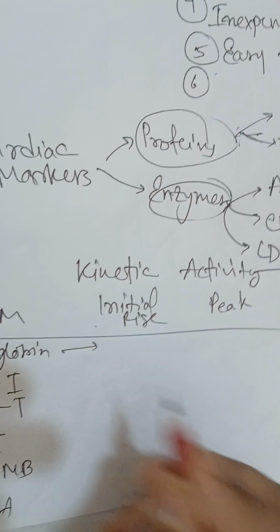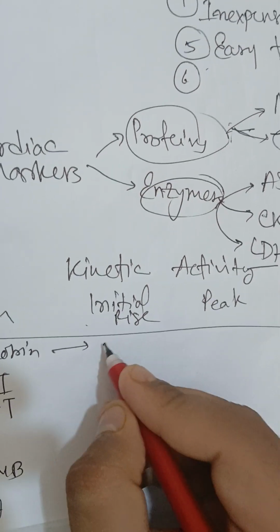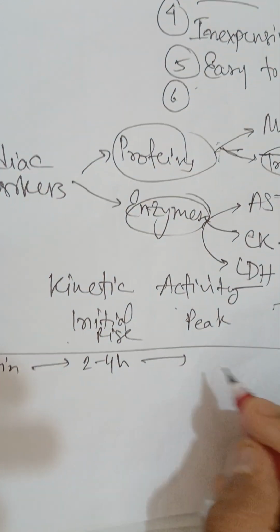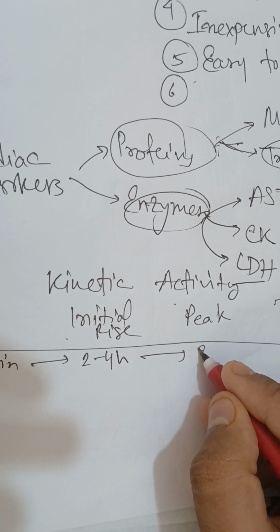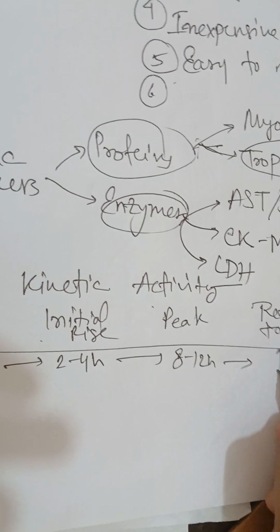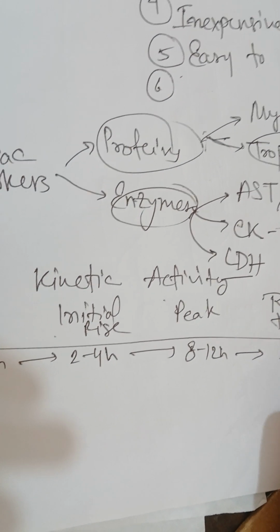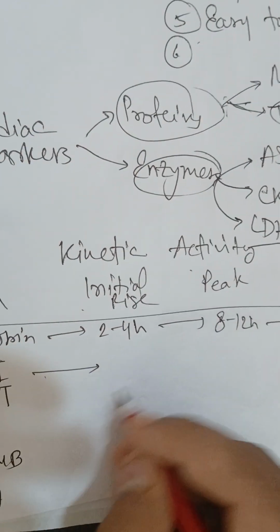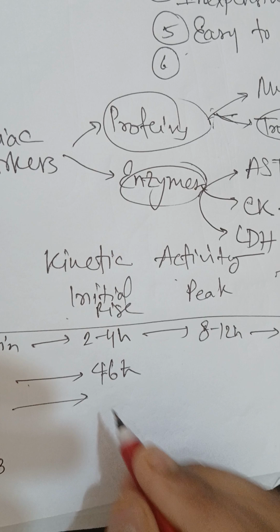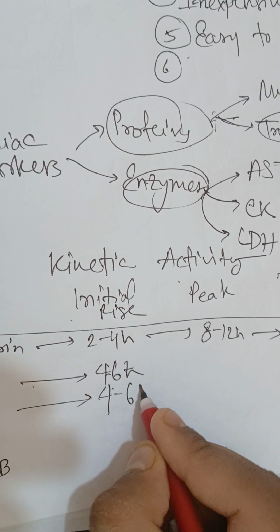Initial rise for myoglobin is about 2 to 4 hours. Peak point at about 8 to 12 hours, and return to normal after 1 day. Cardiotroponin I, 4 to 6 hours initial rise. Cardiotroponin T as well, 4 to 6 hours.